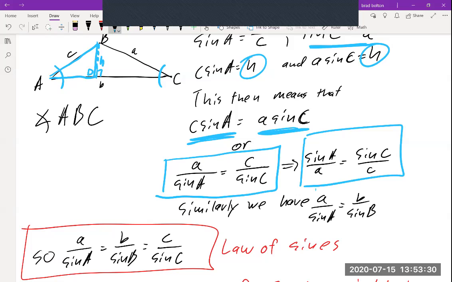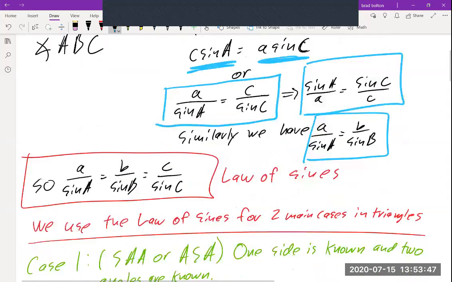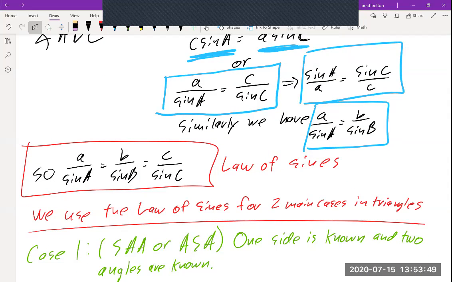We could do something very similar with sine of A over a and sine of B over b. That means a over sine of A equals b over sine of B, and a over sine of A also equals c over sine of C. So all three of them are equal, and this is what the law of sines states: a over sine of A is equal to b over sine of B is equal to c over sine of C. You can also use the reciprocal of all of these at once, as long as you create a reciprocal for everything.